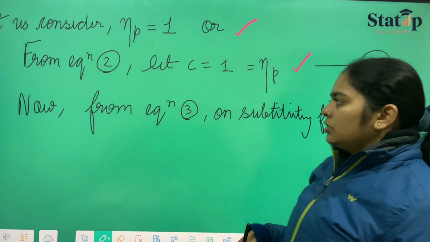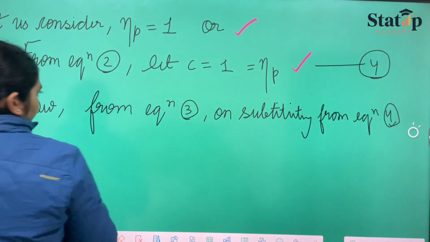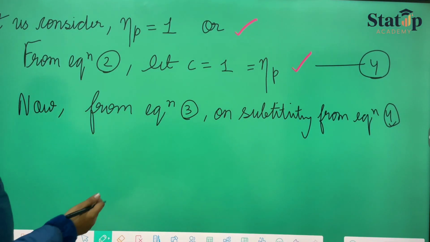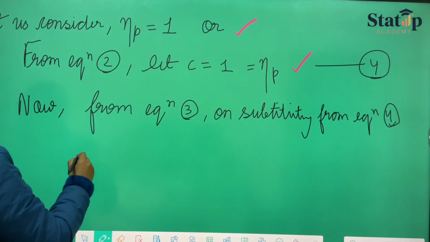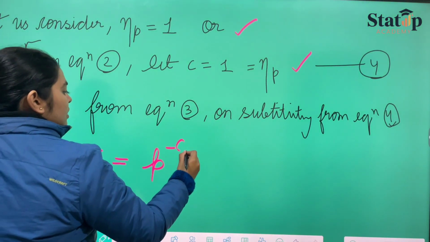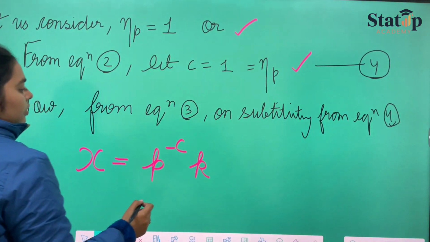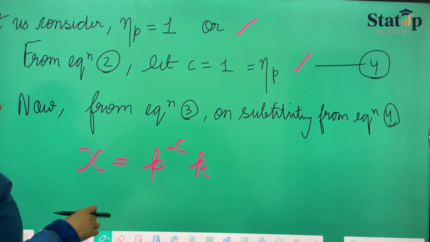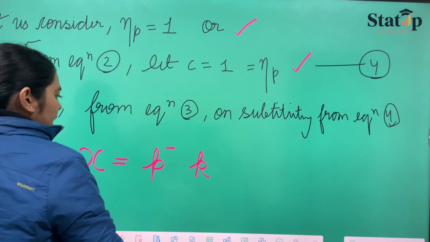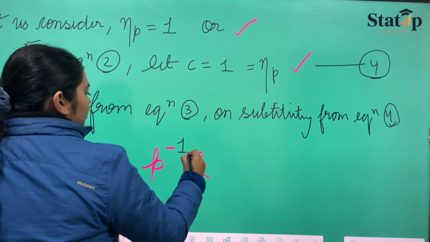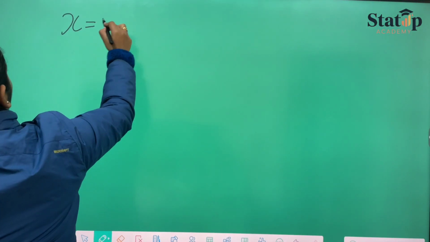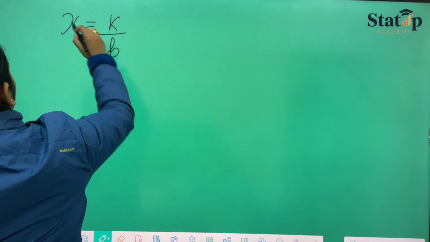So, now we are substituting equation 4 in equation 3, which is x equals p raised to the power minus c into k. Here c has been taken as 1, so instead of writing p raised to the power minus c, we can directly write p raised to the power 1, and hence this can be written as x equals k upon p.